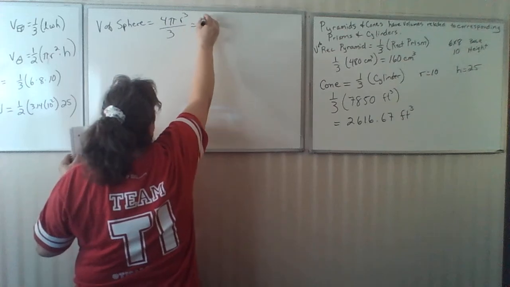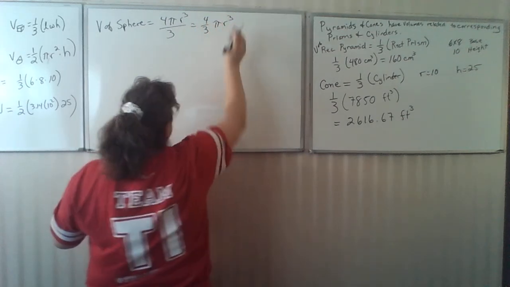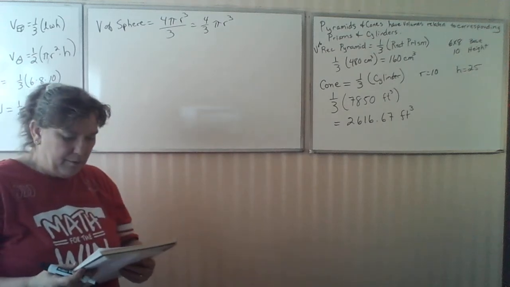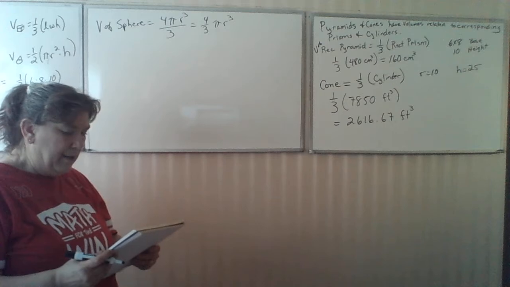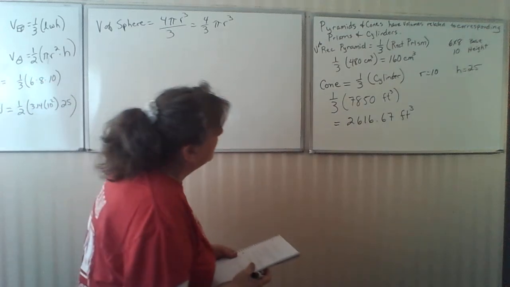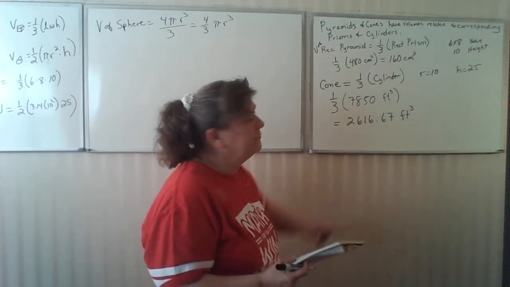Or you could write it as 4/3 pi r cubed. It doesn't matter which way you write it. Okay, so now we had, oh, I erased it, shoot. Oh, I've got the information right there.